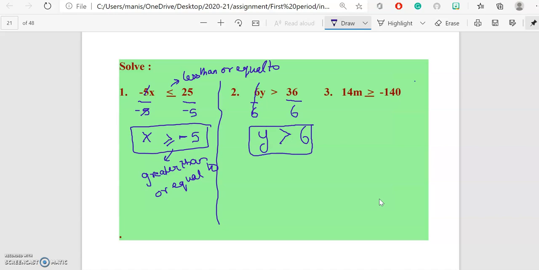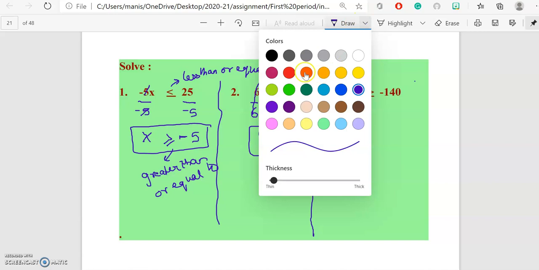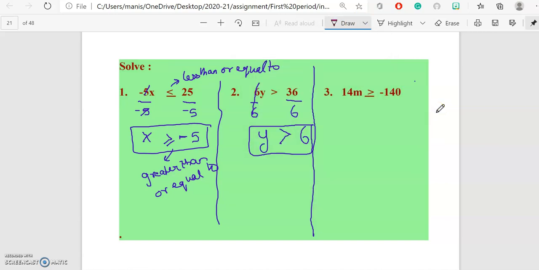This is very important to keep in mind when you are solving inequalities. Let's take one more example. It says 14 times m is greater than or equal to negative 140. This is m, and this is the coefficient of m. Is this coefficient negative?